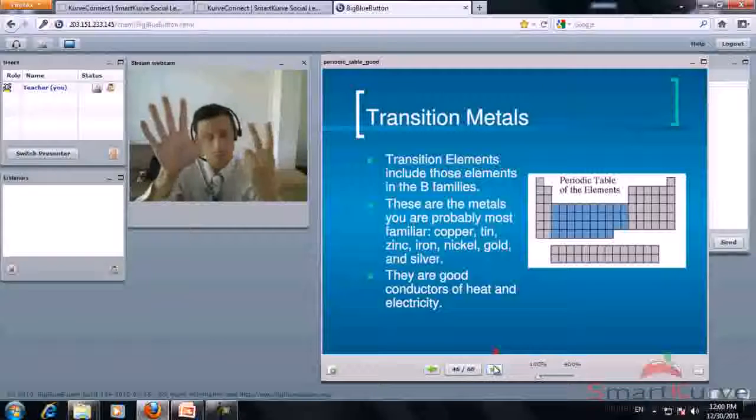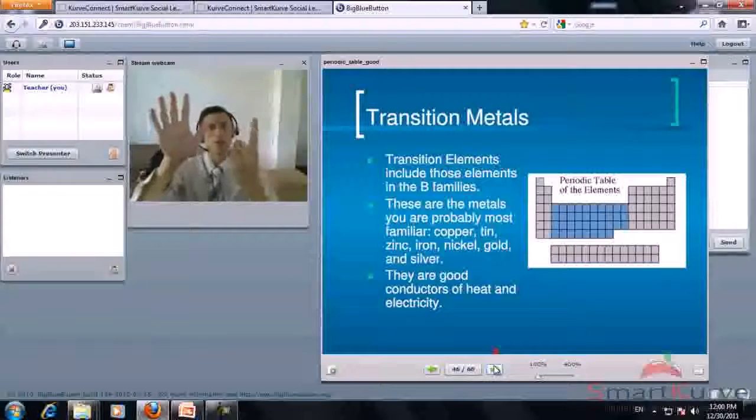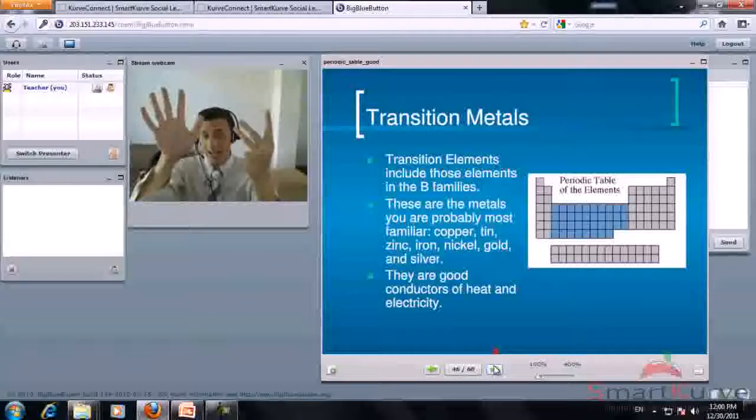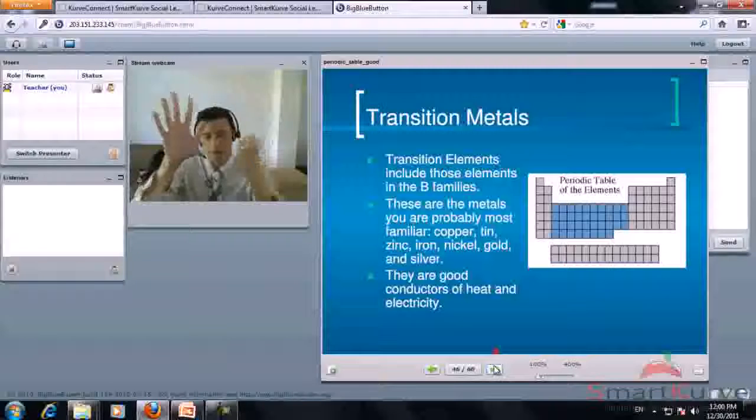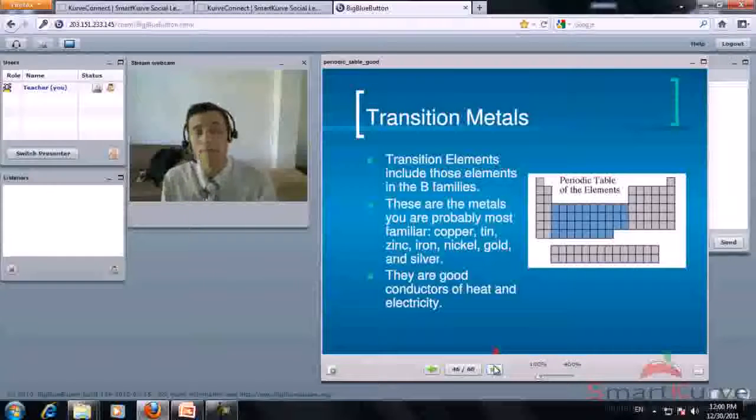So we have oxygen with our 6. It's ready to take those 2 valence electrons from a transition metal. That's why many of these metals, like iron and zinc, will react very easily with oxygen.